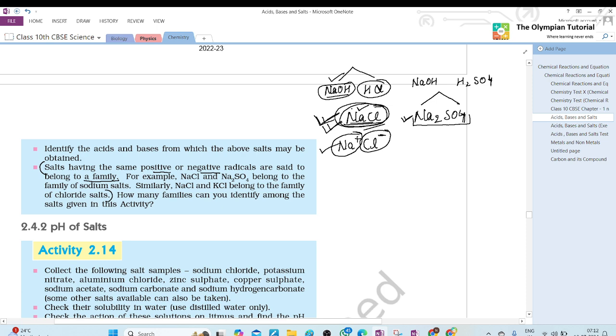Positive ions come from the base, negative from the acid. Tanya, are you okay with it? Yes, ma'am. So Na2SO4, how does it ionize, Tanya?